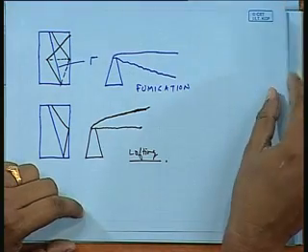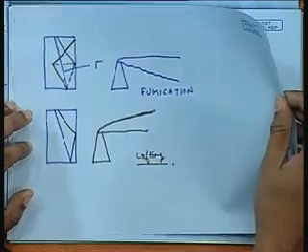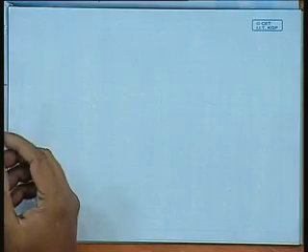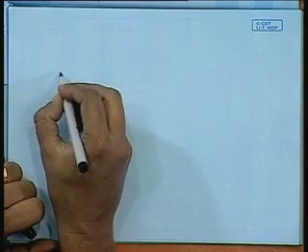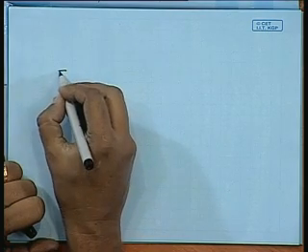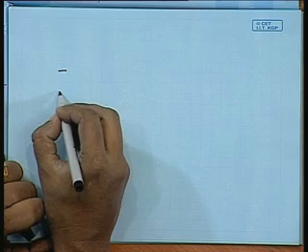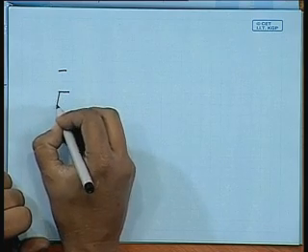Having understood this, we can go into the Gaussian plume distribution model. To understand this, it requires a certain amount of drawing. Let me draw it from here. This is a smokestack.